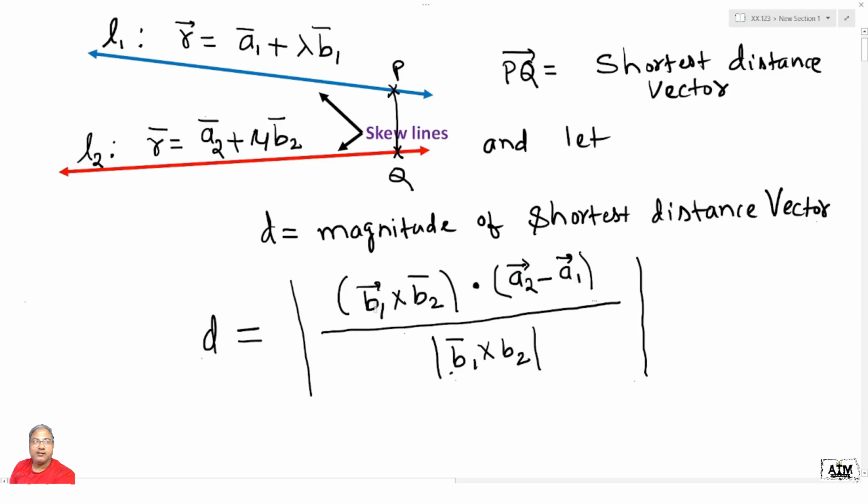After that, we find the dot product of B1 cross B2 and the difference of A2 and A1. So D equals the modulus of B1 cross B2 dot the difference of A2 and A1, divided by the magnitude of the cross product of B1 and B2. By using this formula, we can find the magnitude of the shortest distance between the two skew lines.